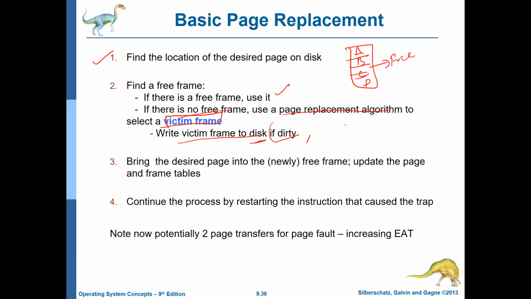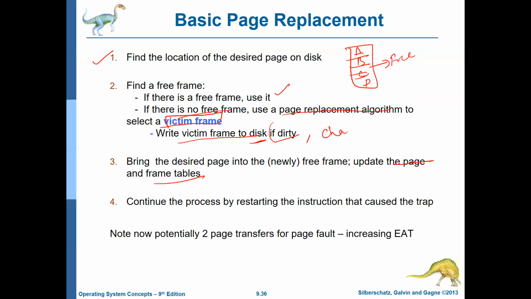Then there's one more thing you have to do. You have to change the frame tables as well as the page tables. Frame tables we have not actually learned in detail, but they also exist. We have learned only about page tables. Keeping track of all the free frames or the allocated frames is done with something known as frame tables. So that also has to be updated.